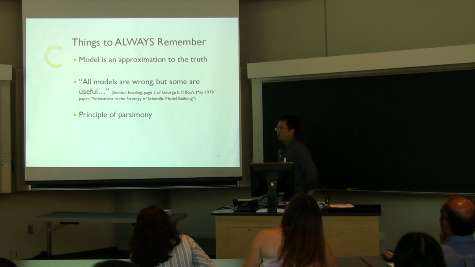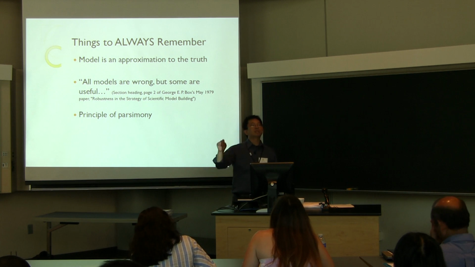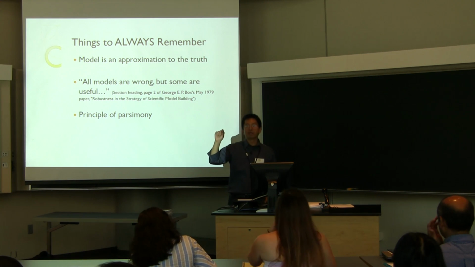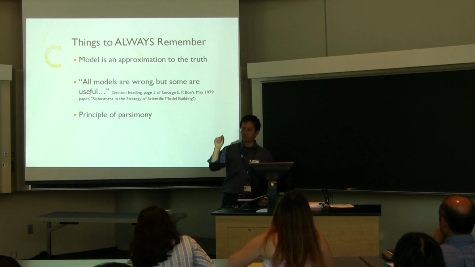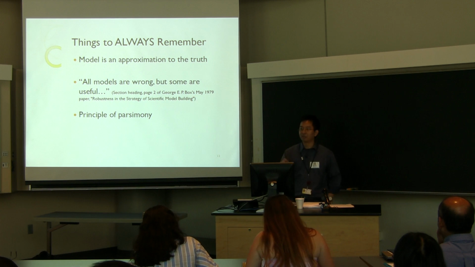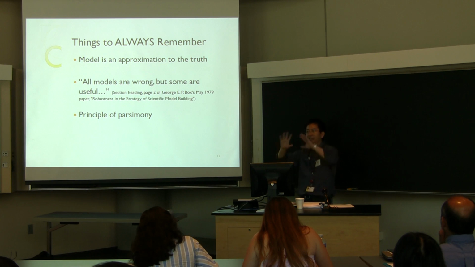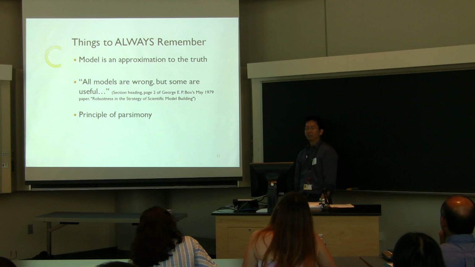Models are wrong because they're approximations, which doesn't mean they are really wrong. They're wrong because they cannot take all the factors into the model. If you want to write down every detail in your model, even for a very simple problem, for example an infection in the lung, you will get hundreds of equations. Using that model, you cannot do anything.